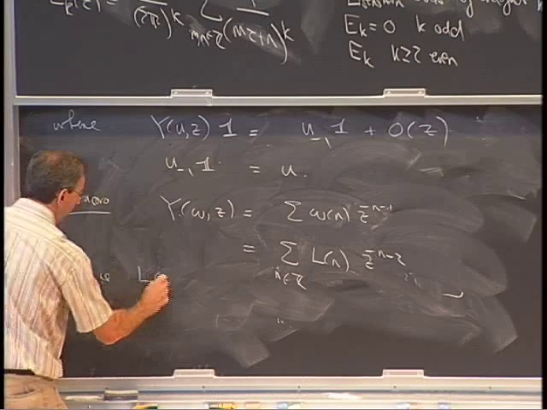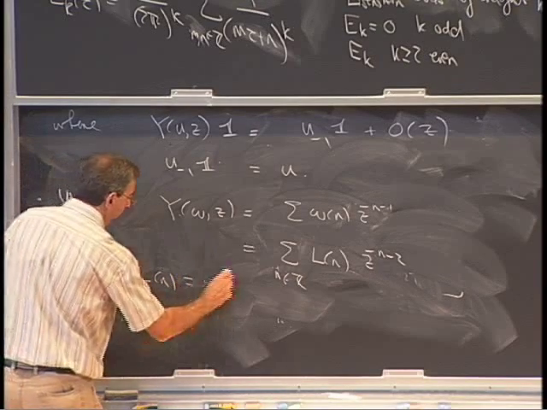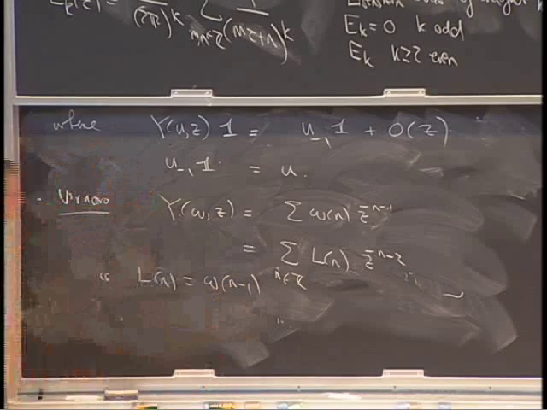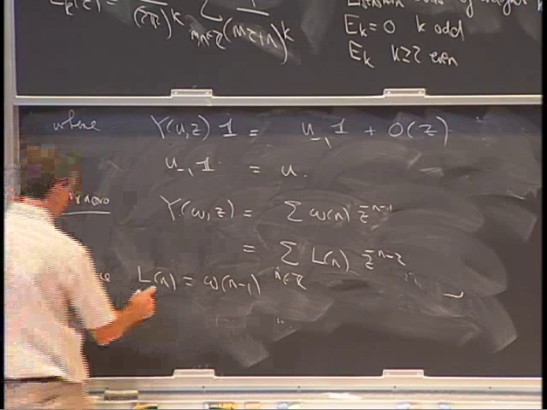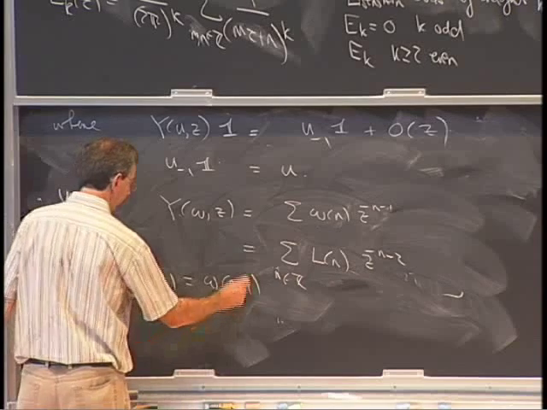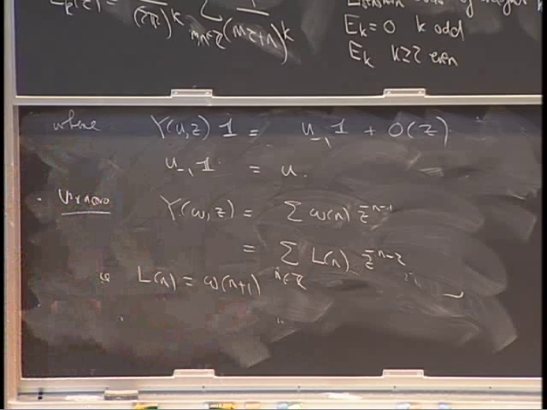So Ln is omega of n minus 1, which is n plus 1. I always get mixed up. Okay, and then the Ln's form a Virasoro algebra.